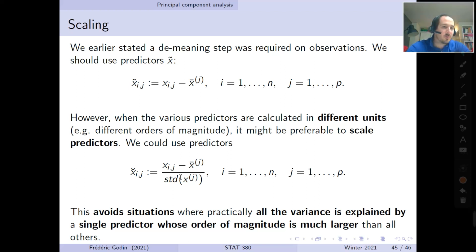So probably the new data set would simply contain this very large predictor and consider all the others irrelevant. For some applications, you might have to scale some of the predictors or all the predictors to get meaningful results from your principal component analysis.